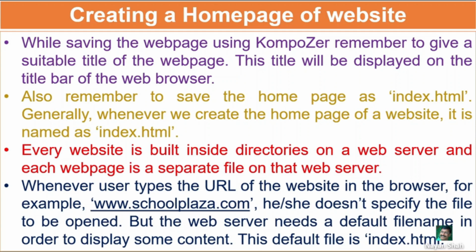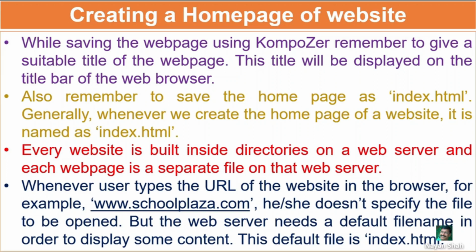Every website is a collection of web pages, and individual web pages of the same website are stored inside a directory on the web server, and they have separate file names. So that is what about creating the home page of a website.